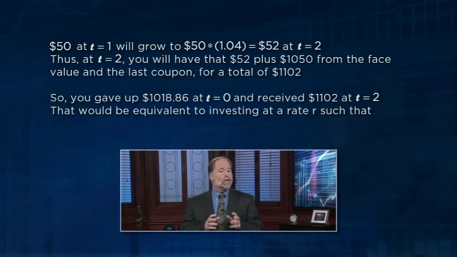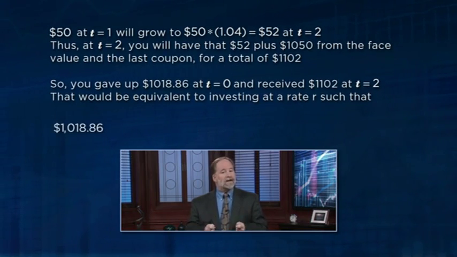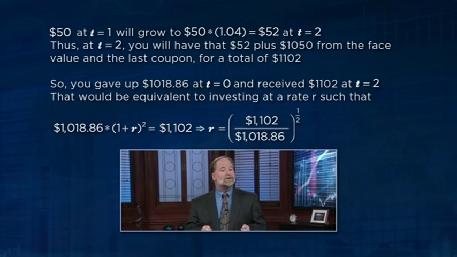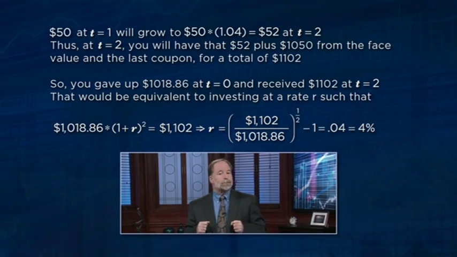So you gave up $1,018.86 at t equals 0, and you received $1,102 at t equals 2. That would be equivalent to investing at a rate R such that $1,018.86 times 1 plus that rate squared is equal to $1,102. That implies R is equal to 1,102 divided by 1,018.86, all taken to the square root, minus 1, that equals 4%. In other words, your return would have been 4% over those 2 years, too.